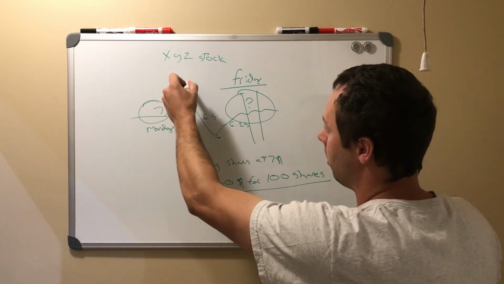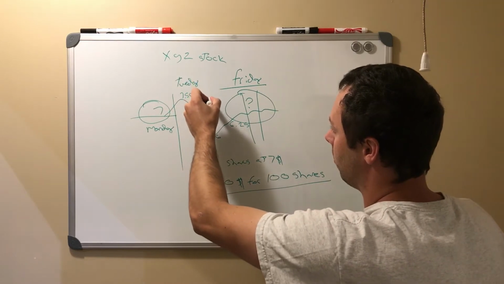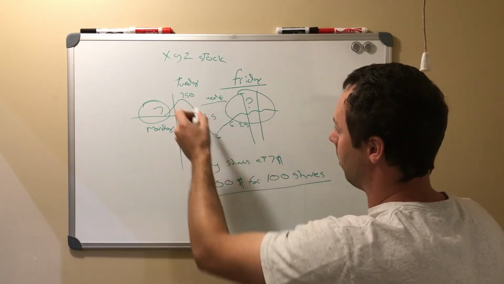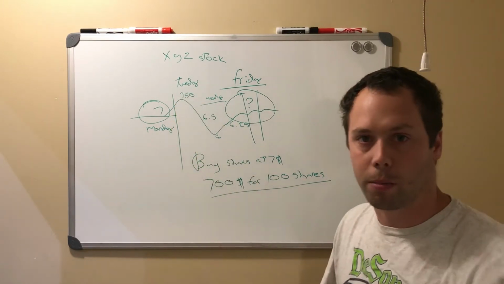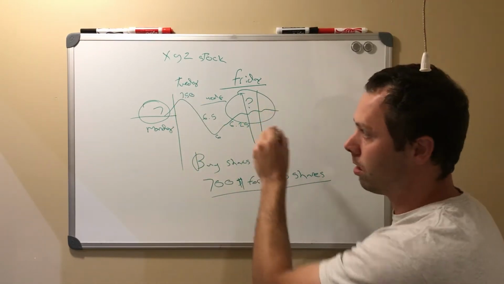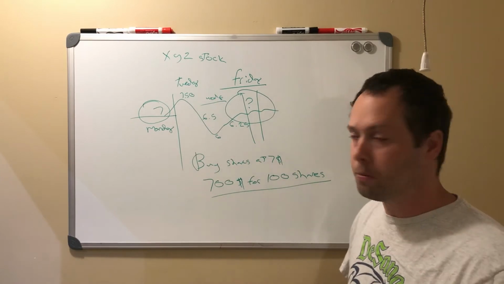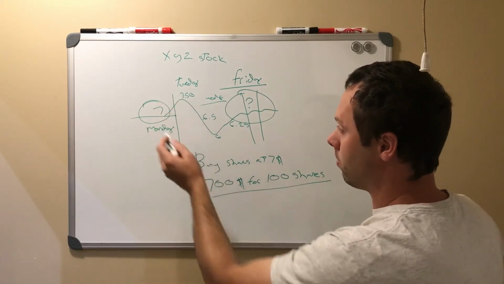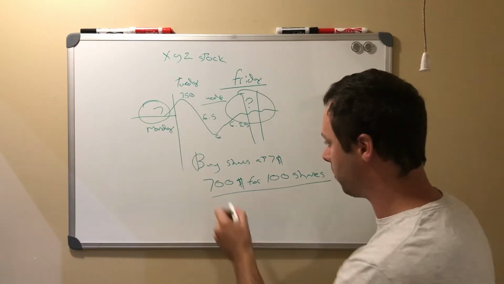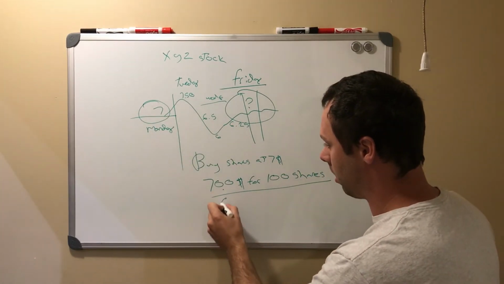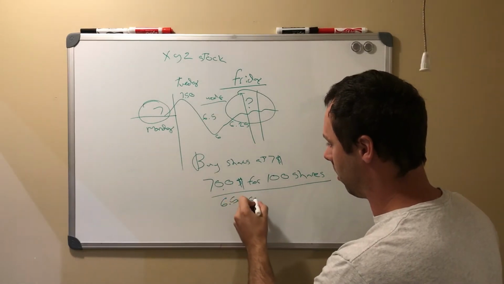This is Tuesday, Wednesday. It doesn't matter. The rest of this week, the stock could be all over the place. What is it gonna be on Friday? So I don't want to buy shares at $7, spend $700, and sell a $6.50 call.